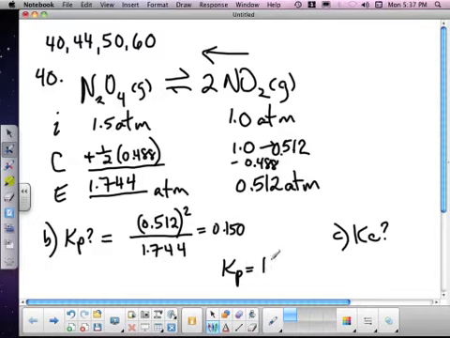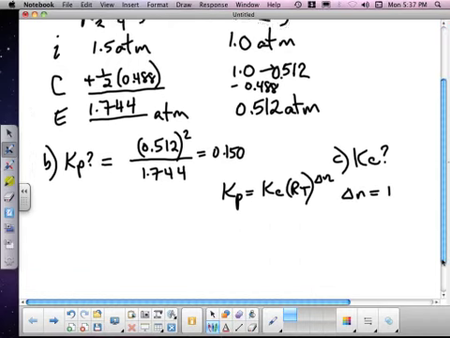Now they want us to change that to a Kc, and our equation for that is Kp equals Kc times RT to the change in moles, products minus reactants. So I've got 2 minus 1, so change in moles is 1.